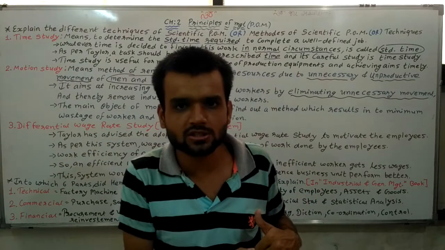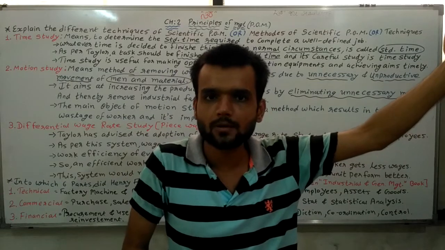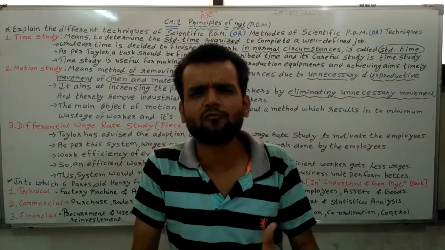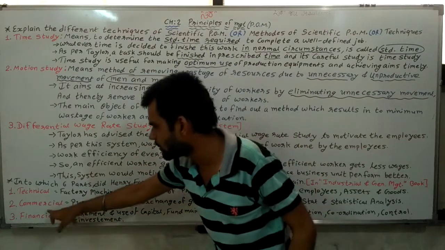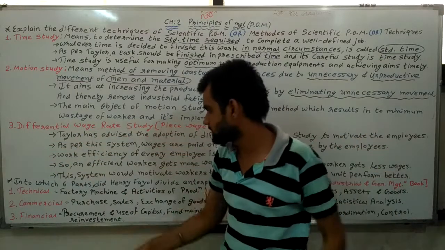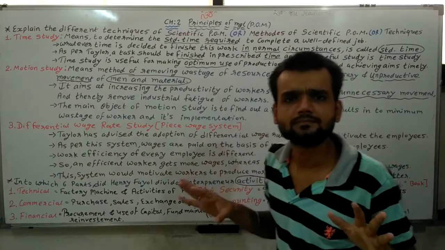If we have purchased defective goods, we can return them to the supplier. So exchange of goods, replacement of goods, purchasing, selling are all commercial activities. So after production, commercial activities: purchase, sales, exchange of goods, that's it.